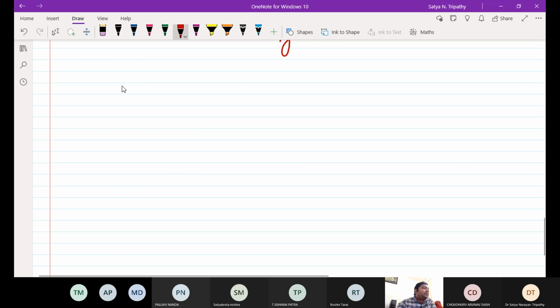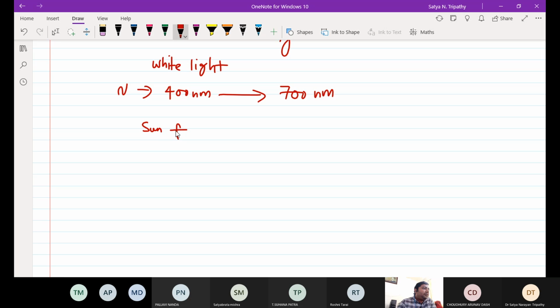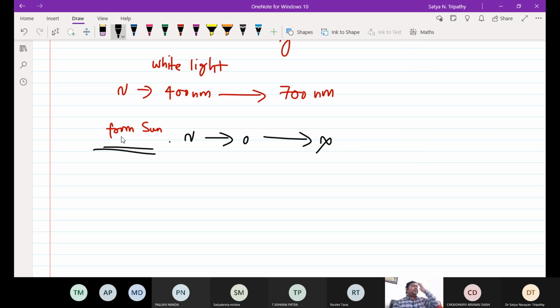So from white light I am having frequencies, basically 400 nanometer to 700 nanometer. Okay, light coming from the sun also has frequencies from mu equal to 0 to infinite. It is a very big range. So from the sun, all frequencies are coming, while for white light it is 400 nanometer to 700 nanometer.